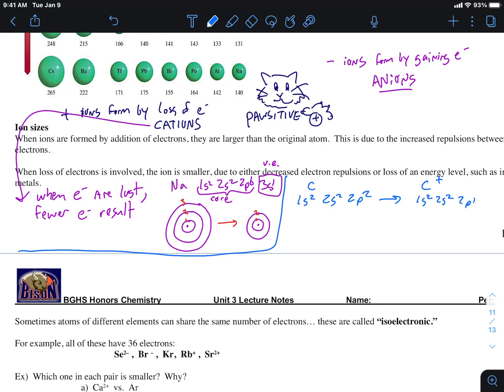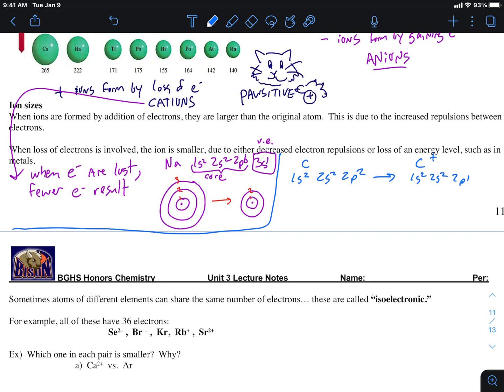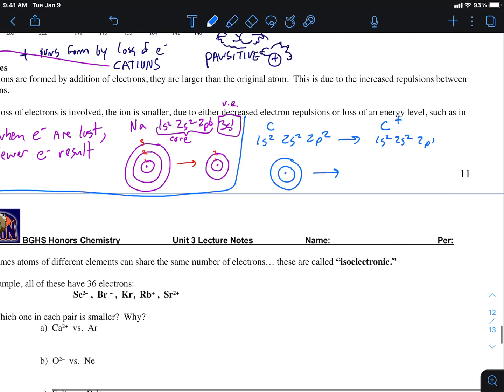Okay. All right, so here's the thing. Carbon has two energy levels to begin with. By losing one electron, it still has two energy levels, right?